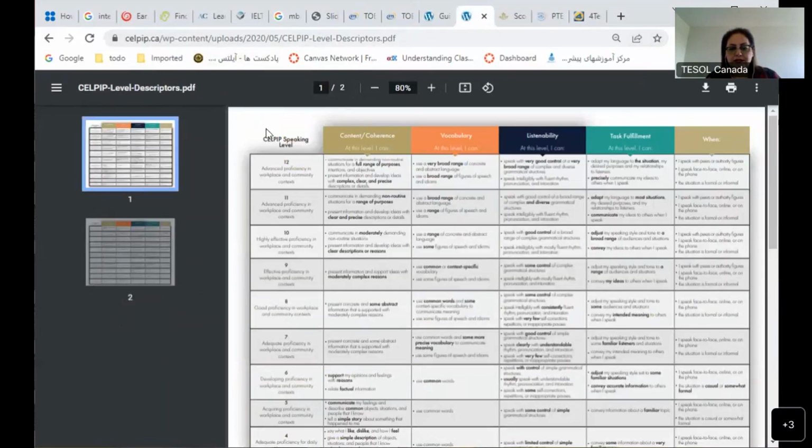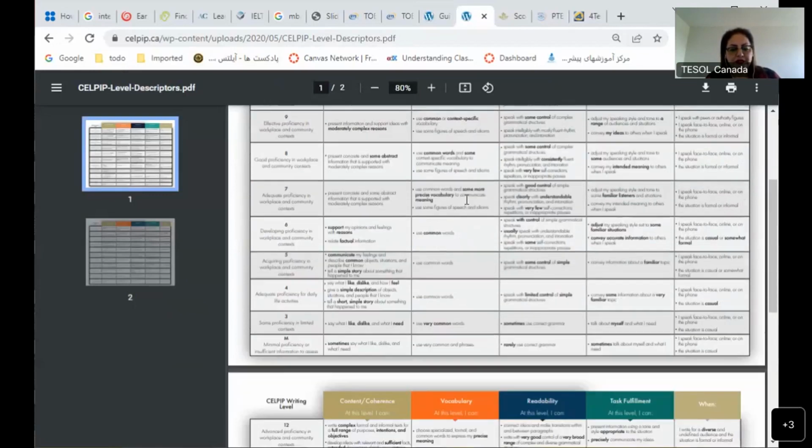And this is the descriptor. So what does it mean, 12, when it says proficiency? What's the definition for coherence? And what about vocabulary? What is the ability of the students?